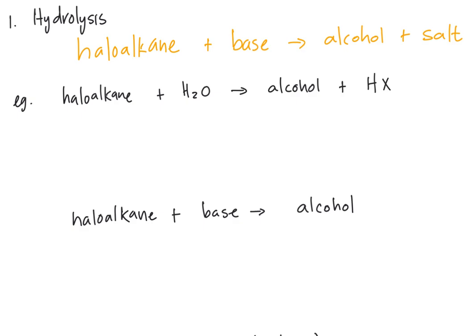So for example, the base formula is a haloalkane plus a base is going to give me an alcohol and a salt.